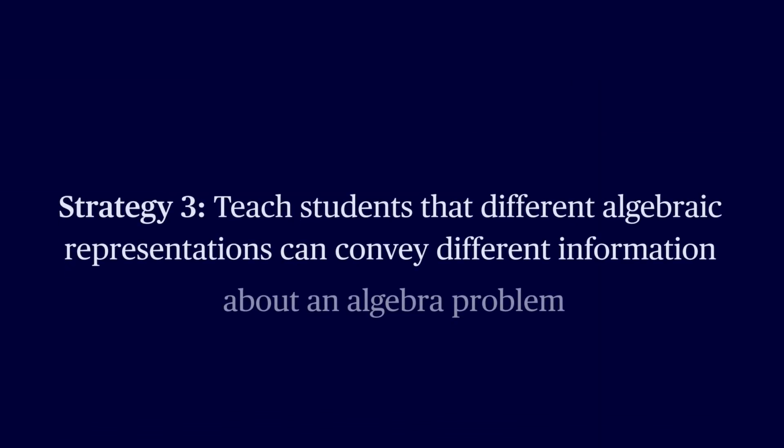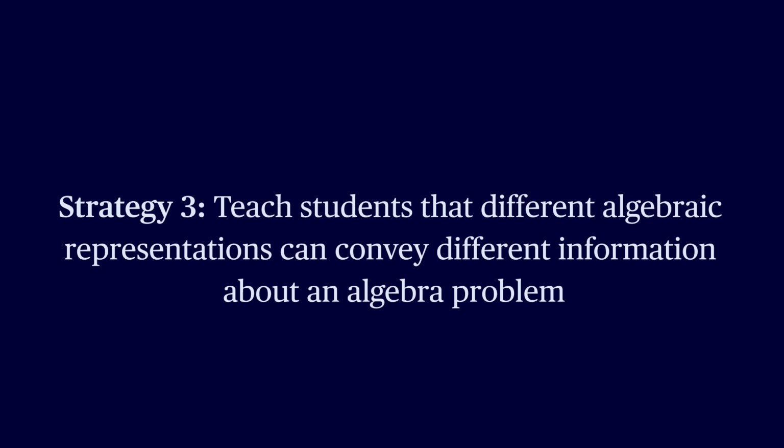Consider explicitly teaching how different algebraic representations can convey different information. Recognizing and explaining corresponding features of algebraic structures can help students understand the relationships among equations, graphs, and word problems.